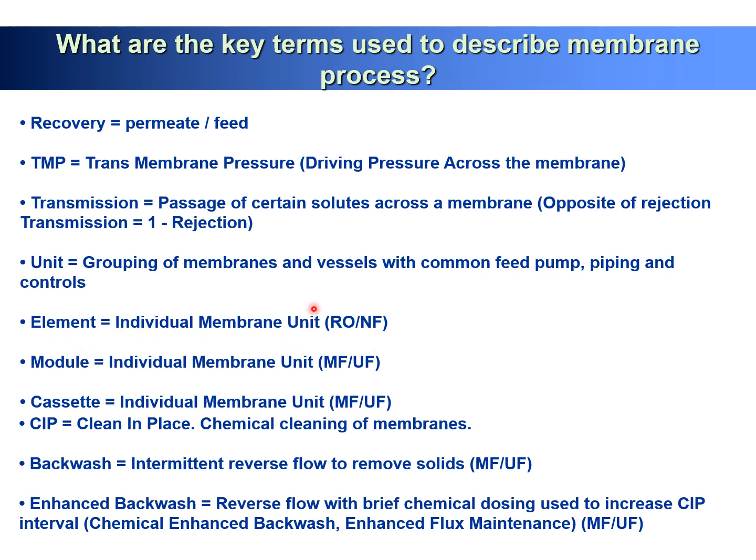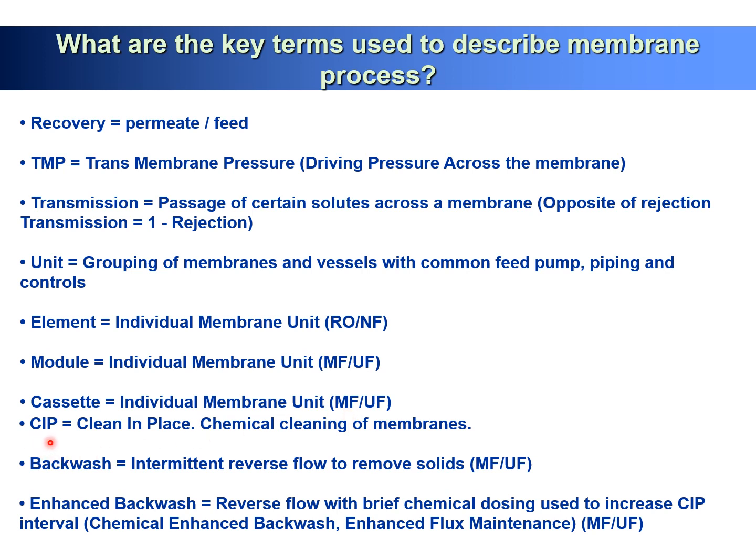Element is basically used for reverse osmosis and nanofiltration. Also cassette: you already have experience designing a membrane bioreactor. It is the individual membrane unit for your submerged membrane cassette, ultrafiltration, microfiltration.